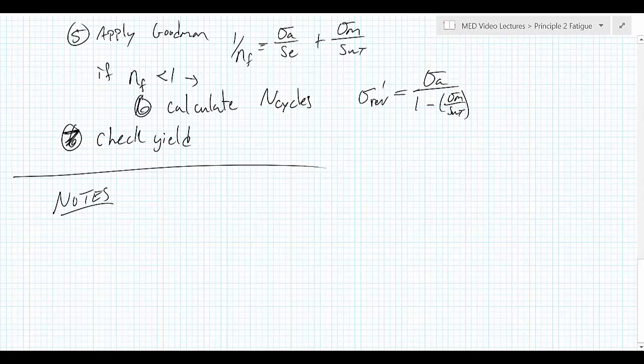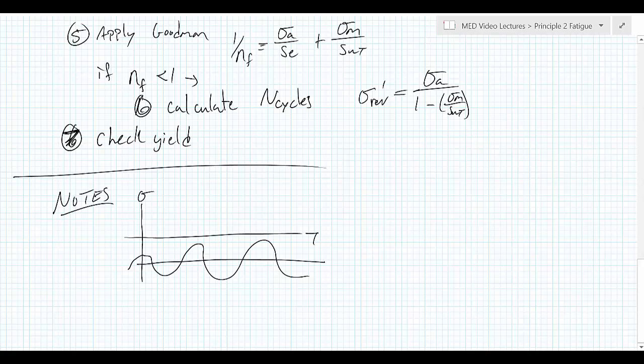So if we have a situation where we've got some stress value over time and it's fluctuating down here such that sigma M is less than 0, what that means is on average this part is in compression. And that's even the case if the maximum is above 0, but anytime the mean is below 0, it means our part tends to be in compression.